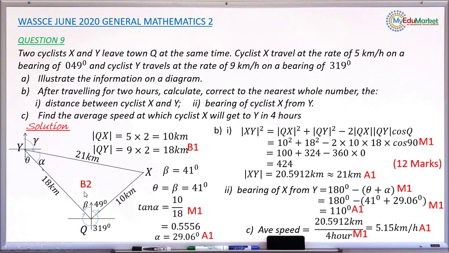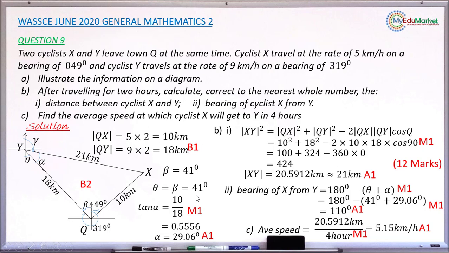The angles 49 and 319 must be correctly indicated. Next is another bonus 1 mark for getting either the distance QX as 10 kilometers or the distance QY as 18 kilometers correctly.